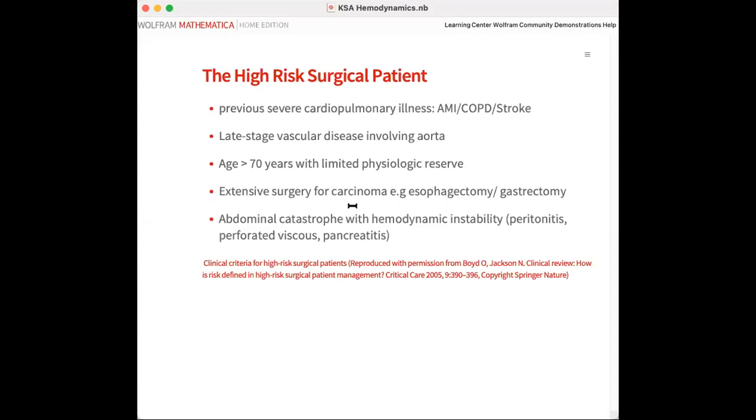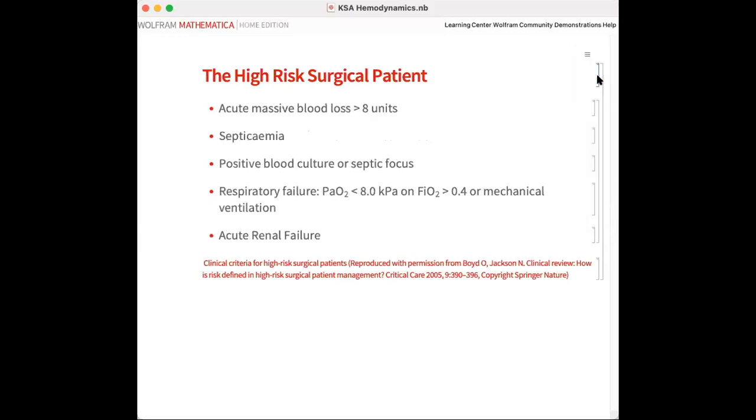We are also looking at patients who have abdominal catastrophes like hemodynamic instability resulting from peritonitis, perforated viscus, pancreatitis, because these are associated with major fluid shifts. Patients who are receiving massive blood transfusion, patients with septicemia. Hopefully the source of this sepsis has been identified.